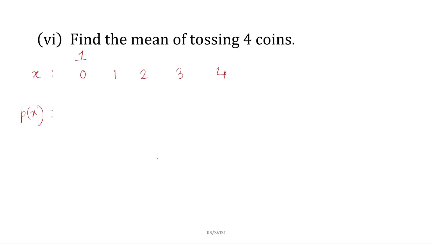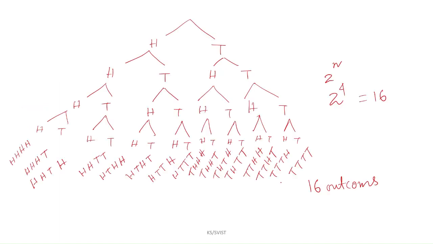So for one head 4 outcomes, for two heads 6 outcomes, for 3 heads 4 outcomes, and for 4 heads 1 outcome. If you count, you will get these values.